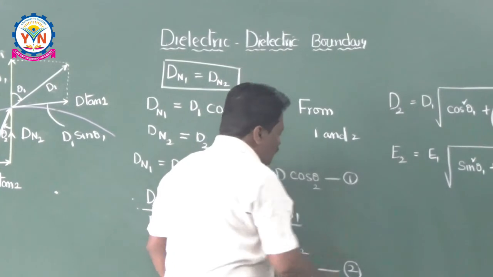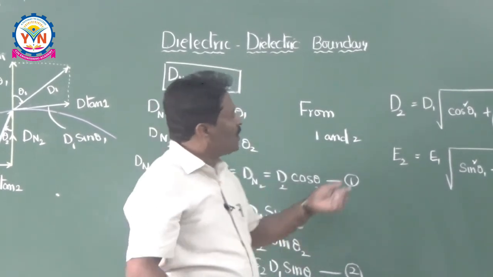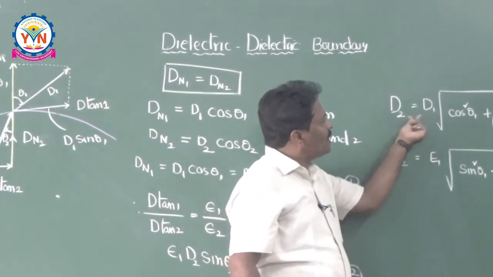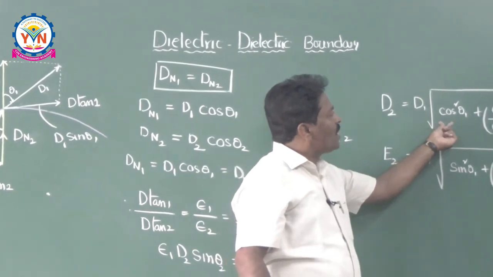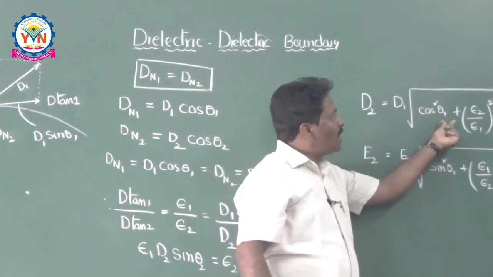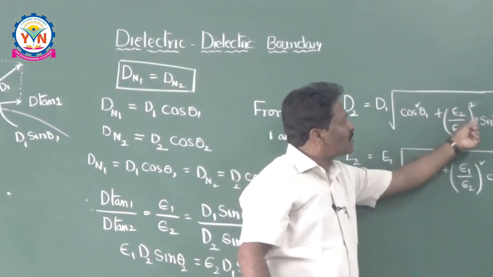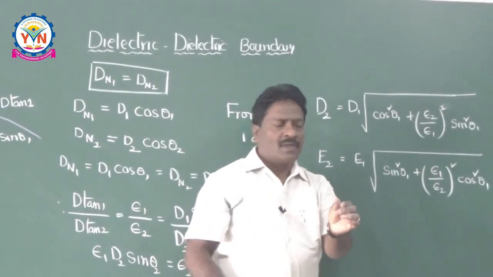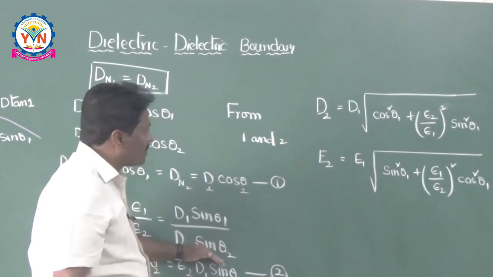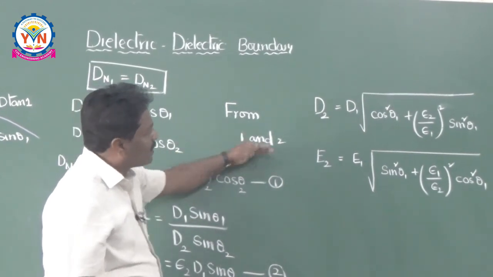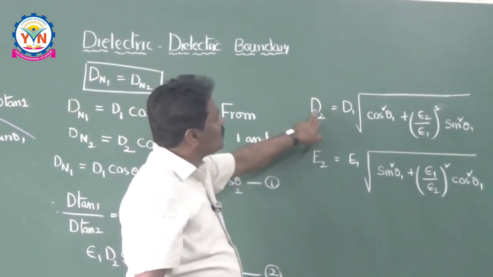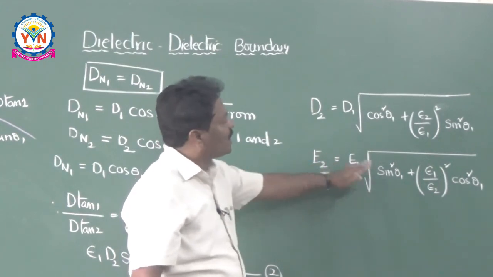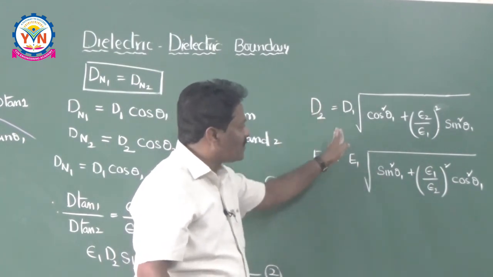After substituting one in another, you are going to get d2 is equal to d1 times the square root of cos square theta 1 plus (epsilon 2 by epsilon 1) whole square into sin square theta 1. It is just like a mathematical jumbling. If you take these two basic equations and substitute one in another, you are going to get the magnitude of d2 and e2 in the second medium. So these are the basic equations here.